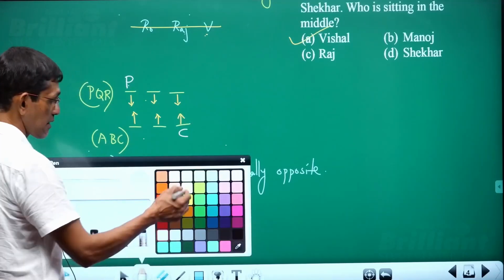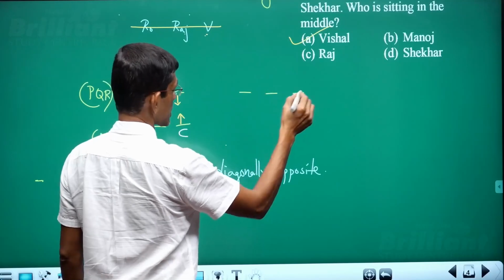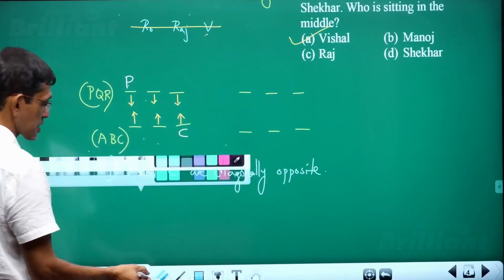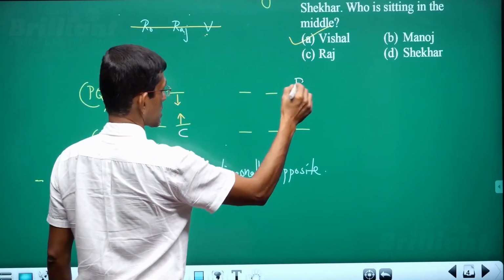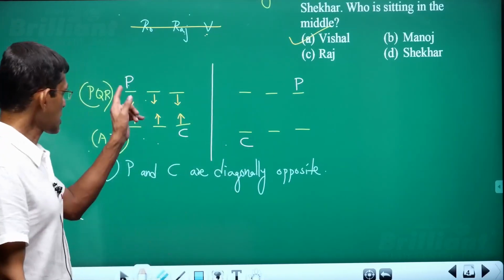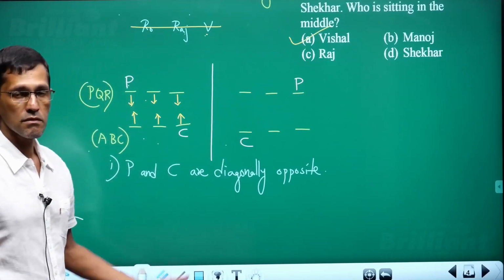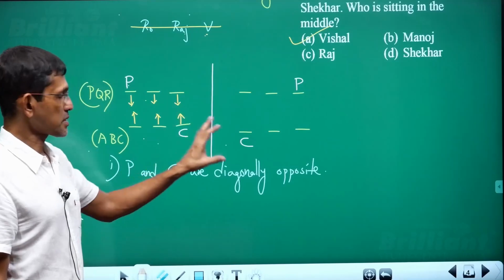So that means we have another arrangement possible. 1, 2, 3. 1, 2, 3. So what is that arrangement? P is here and C is here. In this case P and C are diagonally opposite, and in this case P and C are diagonally opposite. Both cases. That means these two arrangements are possible.